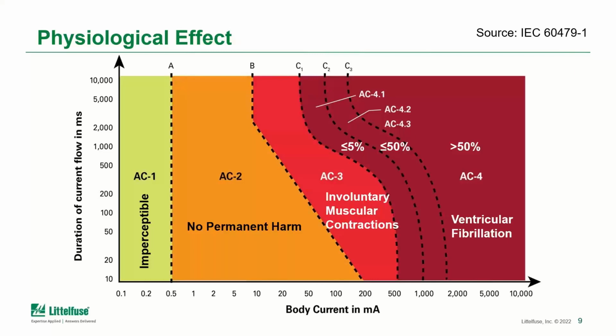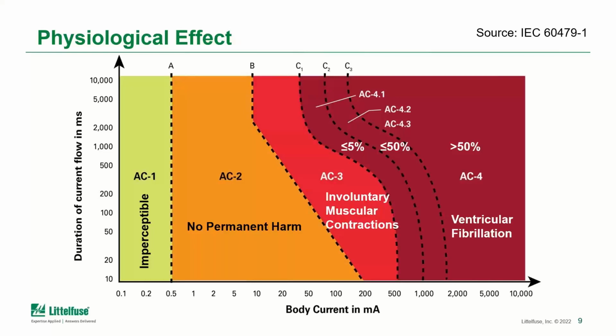And what I want to highlight here is that line between AC2 and AC3, where it goes from no immediate damage to the body to beyond the let-go threshold, which is the involuntary muscular contractions.